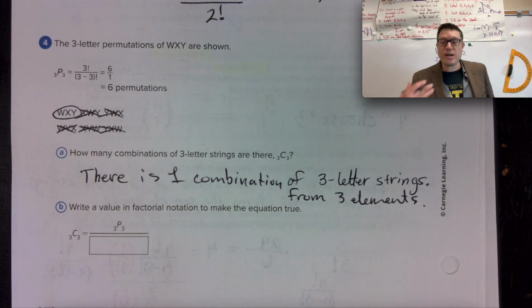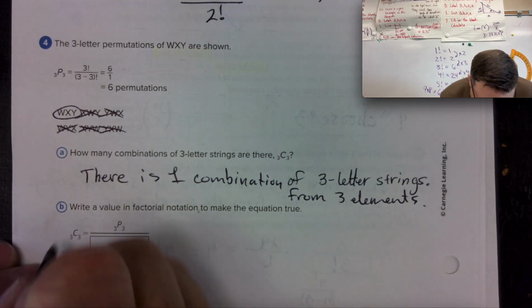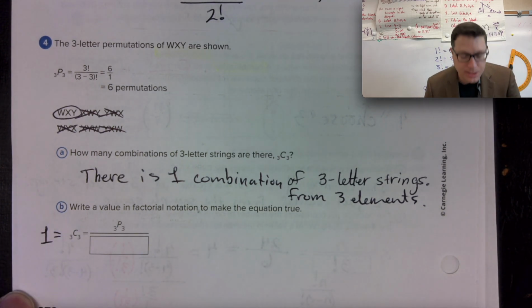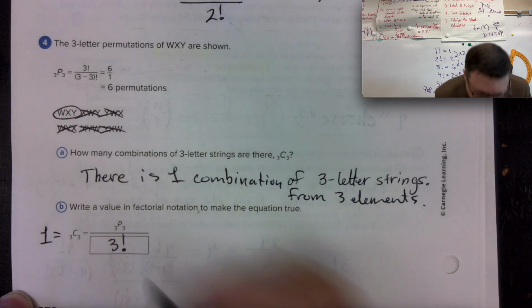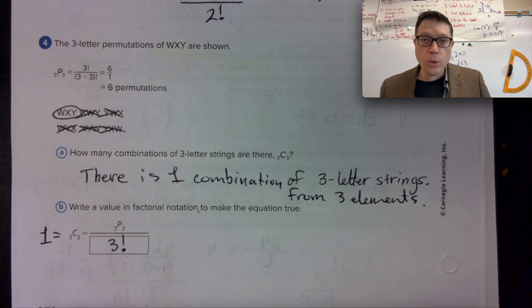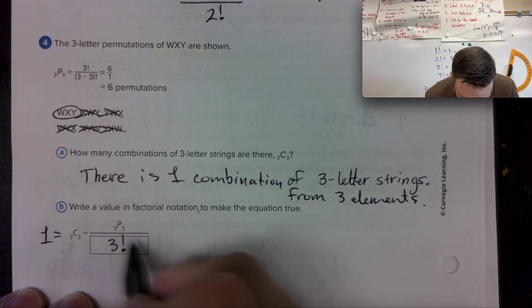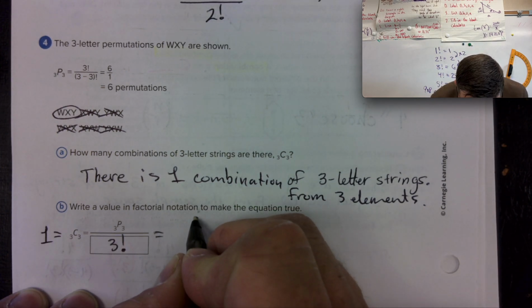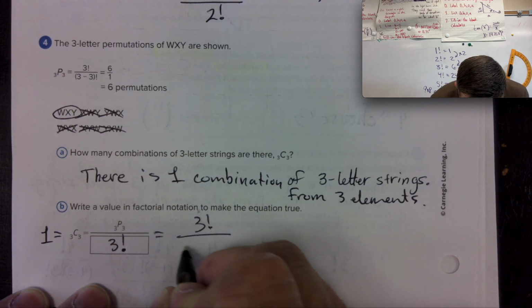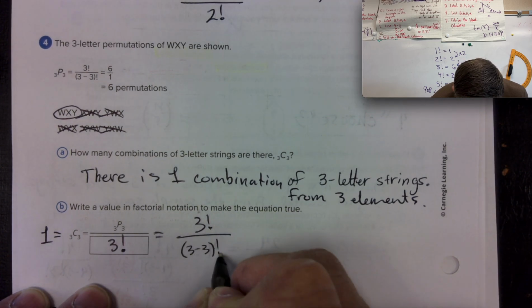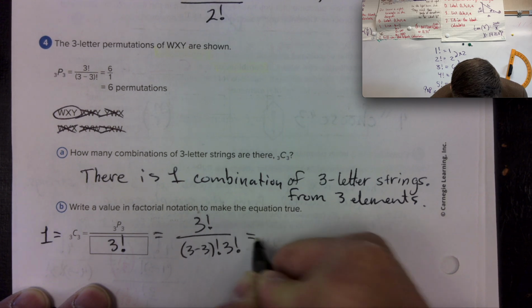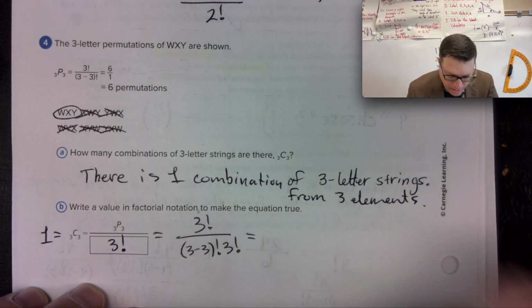So write a value in factorial notation to make the equation true, that 1 is the answer. Remember, it's the permutation divided by 3 factorial, the number of elements that we are putting in our group. So this is 3 factorial over 3 minus 3 factorial times 3 factorial, and so much cancels out here.